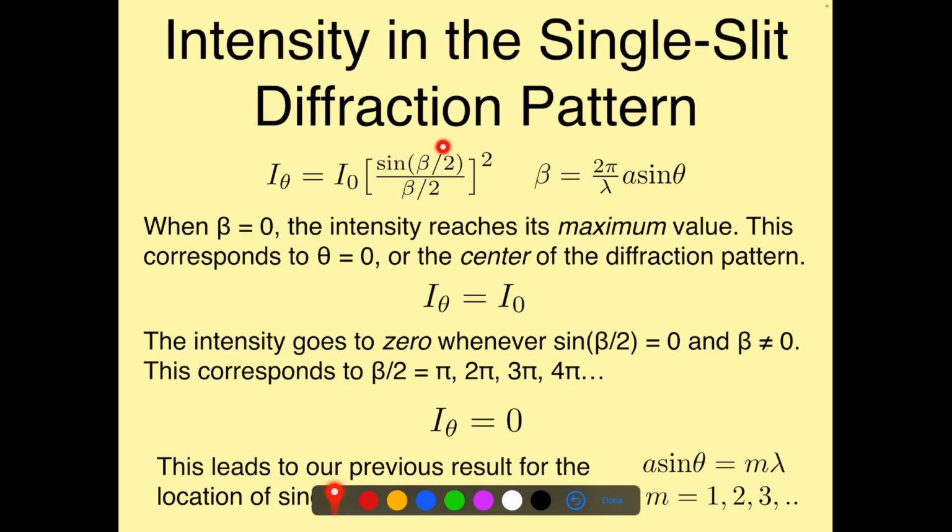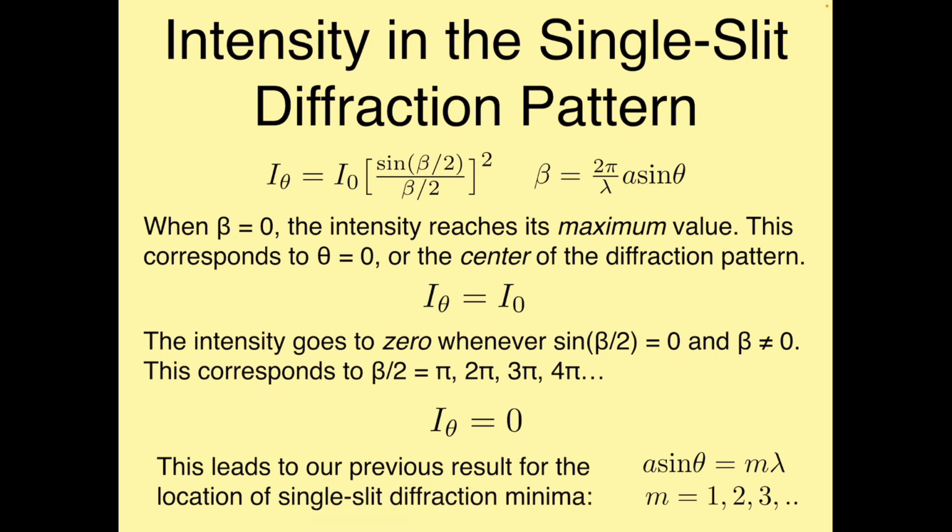Sine of beta over 2 is sine of 0, which is 0. But we're actually dividing that by beta over 2, which is also equal to 0. So just by directly plugging in beta equals 0, you're going to get an indeterminate form. You're going to get 0 divided by 0. So we're going to have to do a little bit of extra work to see how that works out. But we'll show that I theta goes to I0 when beta goes to 0.